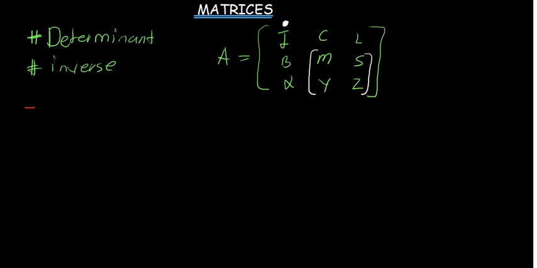Of course, on the I, we said we are going to multiply our I with M, S, Y, and Z, like that. So now, what about our C? We get to multiply our C with this part, as well as that part.